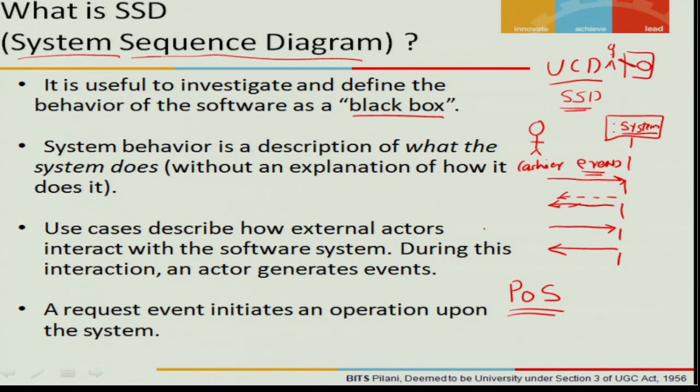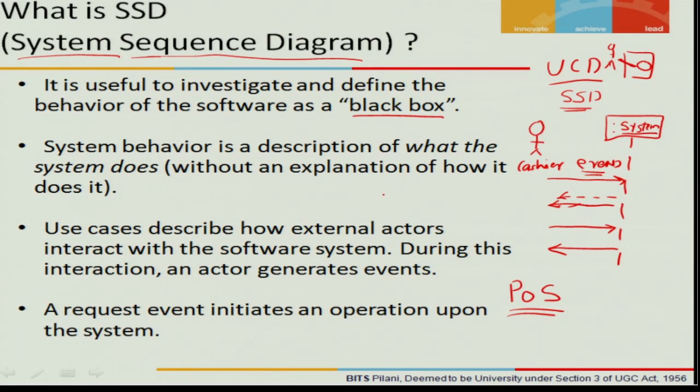Which are those events? For example, start a new sale. This is one sort of event which is coming from the outside world to the system. That event will be shown in the form of a message in SSD. That message will go from cashier to system. That is actually the event.